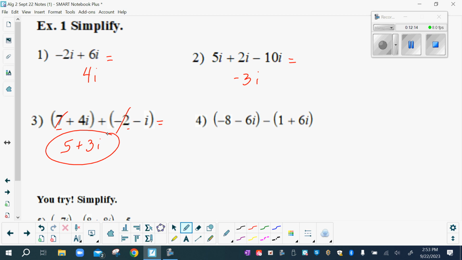So this is, remember, like plus a -1, and then we're taking a -1 and multiplying it by both of those. So we have -8 minus 6i minus 1. -1 times 1 would be -1, and -1 times 6i would be -6i. Does that make sense? All we did is distribute.